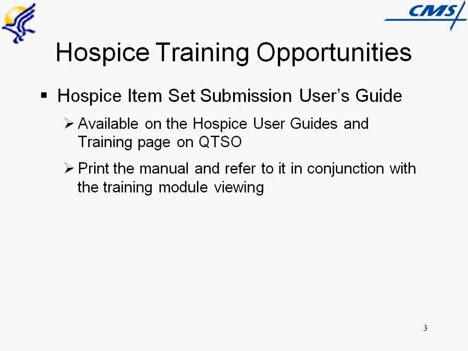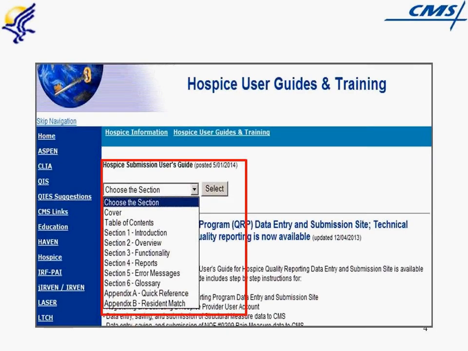Please print the Hospice Submission Users Guide and refer to it in conjunction with the training module viewing. Shown here are the individual sections of the Hospice Submission Users Guide. It is strongly recommended that you print each of these sections as they contain detailed instructions on many of the functions that will be covered in this Webex series.